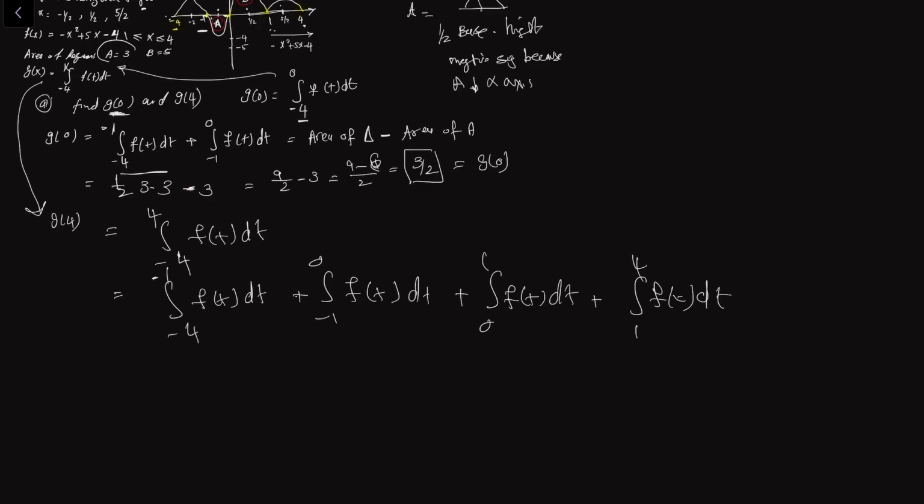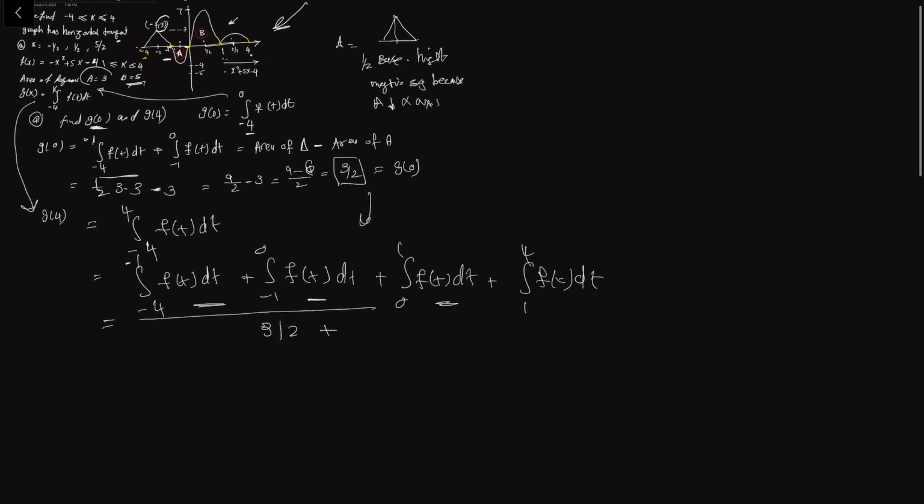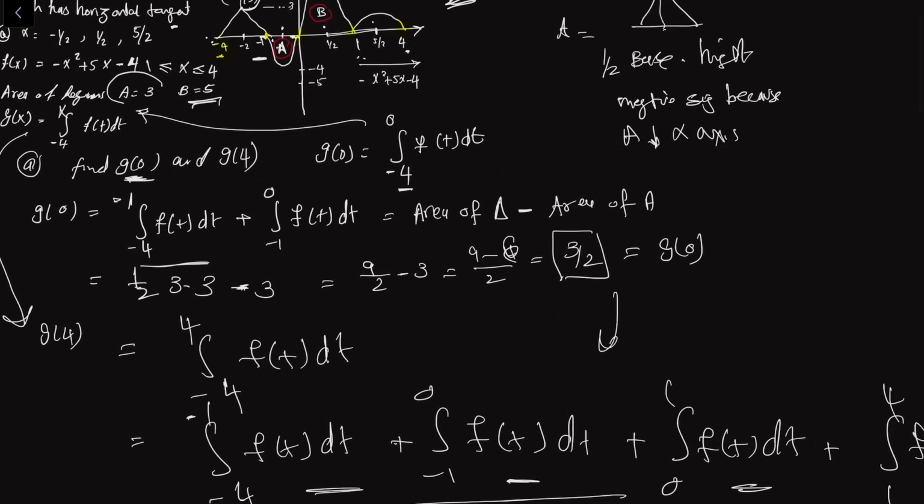We already have the first two parts, the area of the triangle and the area of A, which is 3 over 2. So we simplify and put 3 over 2 plus the area of B from 0 to 1, which is already known, that's 5. So plus 5, then plus, what's f of t from 1 to 4? That's right here.